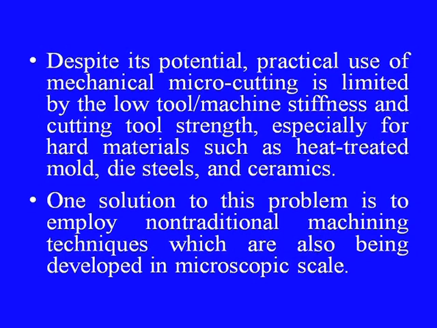Despite its potential, practical use of mechanical micro cutting is limited by the low tool or machine stiffness and cutting tool strength, especially for hard materials such as heat treated mold, die steels and ceramics.